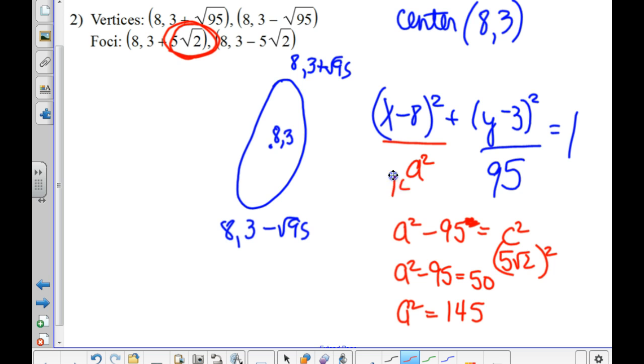Is that the right answer? Anybody have the answer? What? 145 or 45? Wait a minute. The distance out to the foci is the square root of 45.